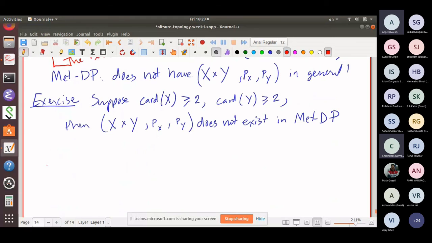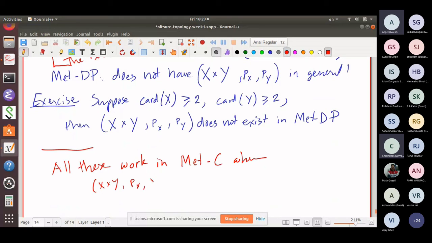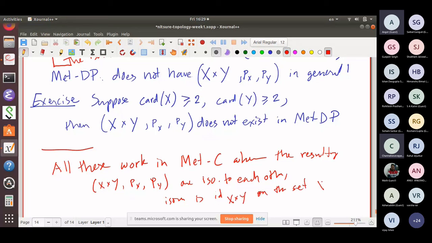So here I'll say all these work in MET C, where x cross y, px, py resulting are isomorphic to each other, and the isomorphism is identity on the set x cross y.